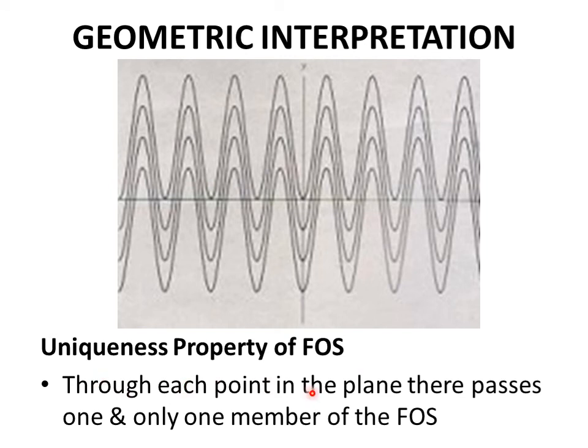Through each point in the plane, there passes one and only one member of the families of solutions. In other words, the multiple solutions to a first order differential equation do not overlap.